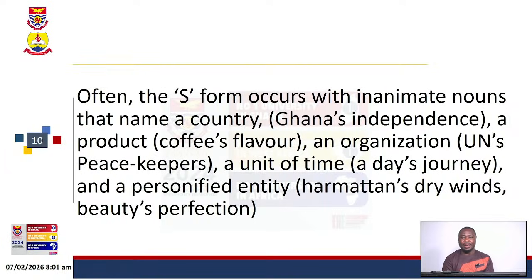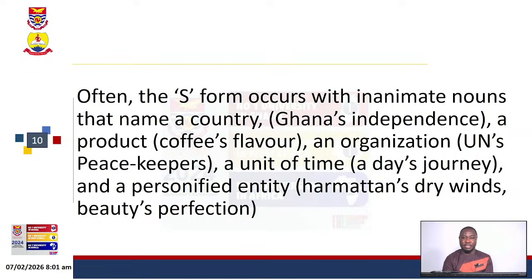Often, the apostrophe plus S form occurs with inanimate nouns that name a country. Okay, so Ghana's independence. Sometimes it is also a product. Okay, coffee's flavor.